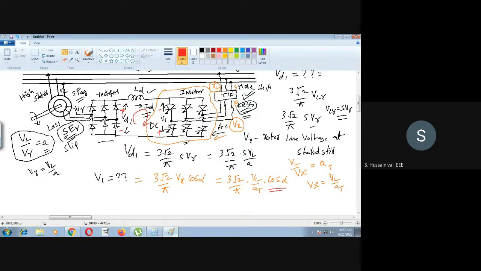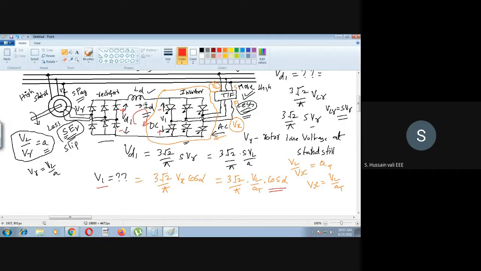You must get it like this, because alpha is greater than 90, so cos alpha is negative and definitely V1 will be negative. V1 being negative means this side is negative and this is positive, whereas the output of the rectifier is plus and minus. Then I apply KVL: VD1 plus the voltage drop across the inductor plus V1, the sum of all three voltages, is 0.